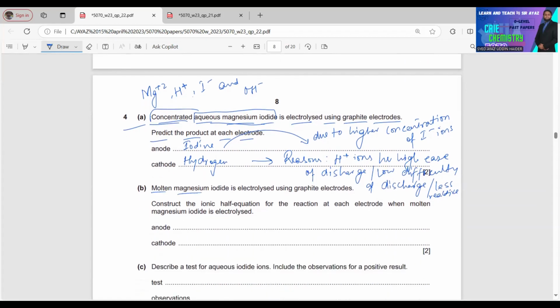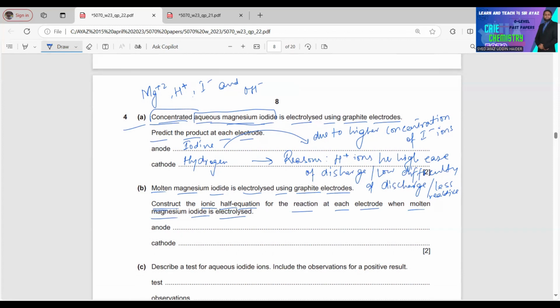Part B, molten magnesium iodide is electrolyzed using graphite electrodes. Construct the ionic half equation for the reaction at each electrode when molten magnesium iodide is electrolyzed.